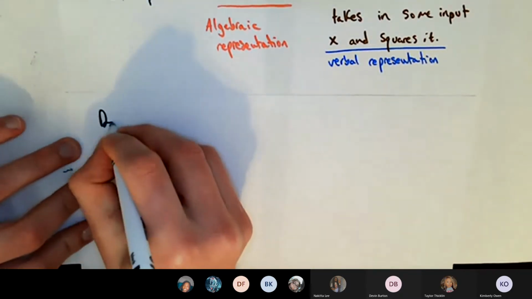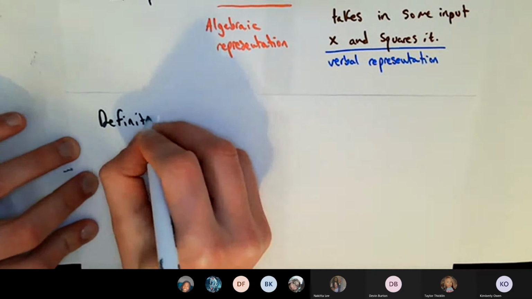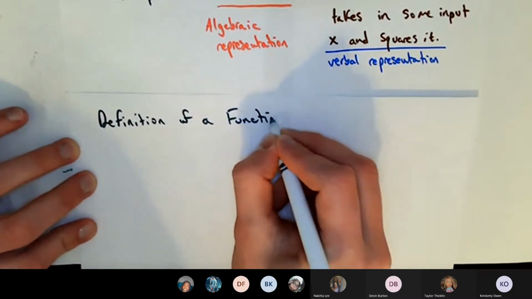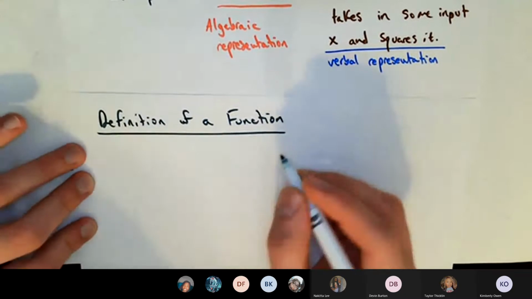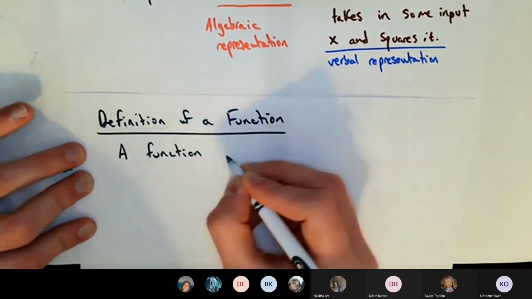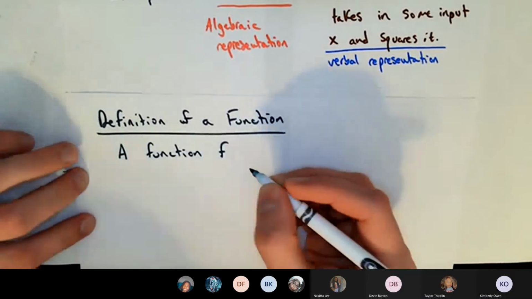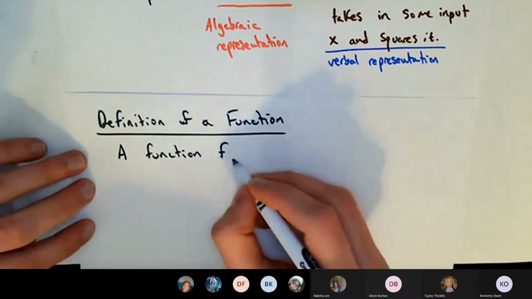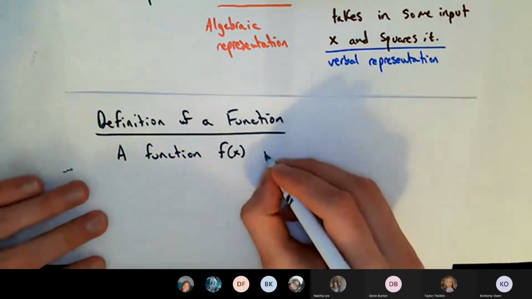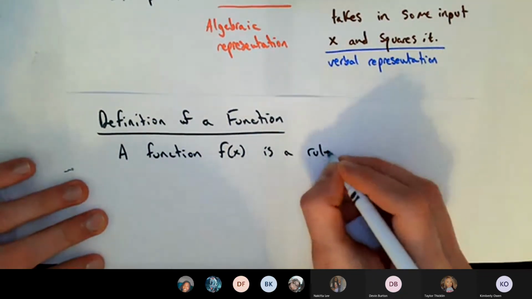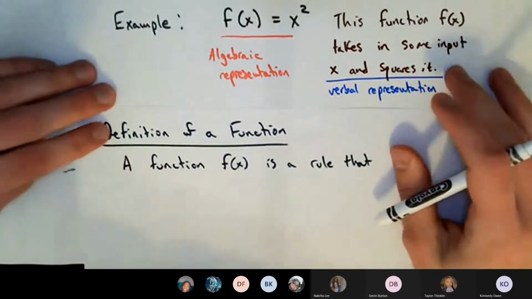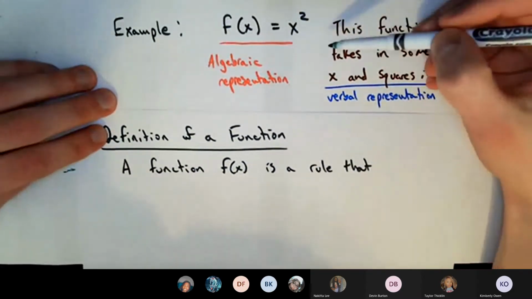Now here it comes. So a function f, the book just says f, you could also say f of x, a function f of x, is a rule. The rule part is just referring vaguely to whatever's happening on the right side.